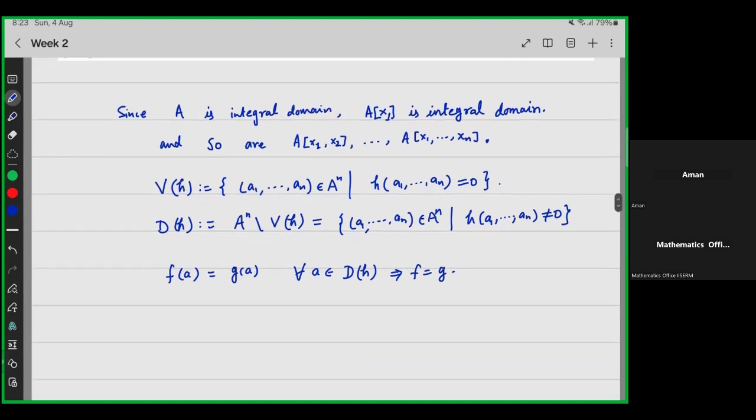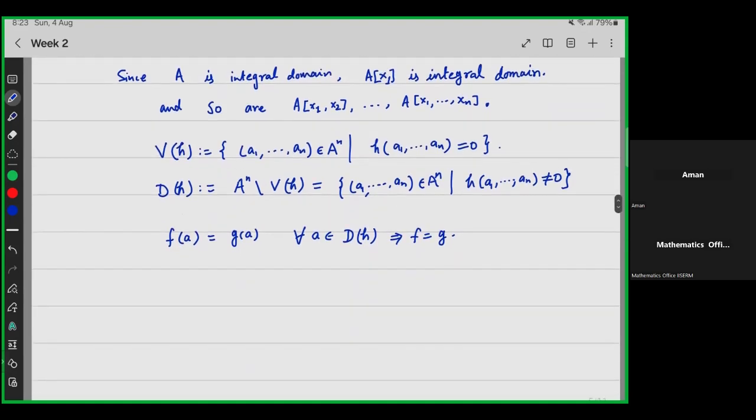Okay, so it is enough if you show F(a) is equal to G(a) for all points of A^n, then F is equal to G. Okay, so this is our reframed question, or rephrase.